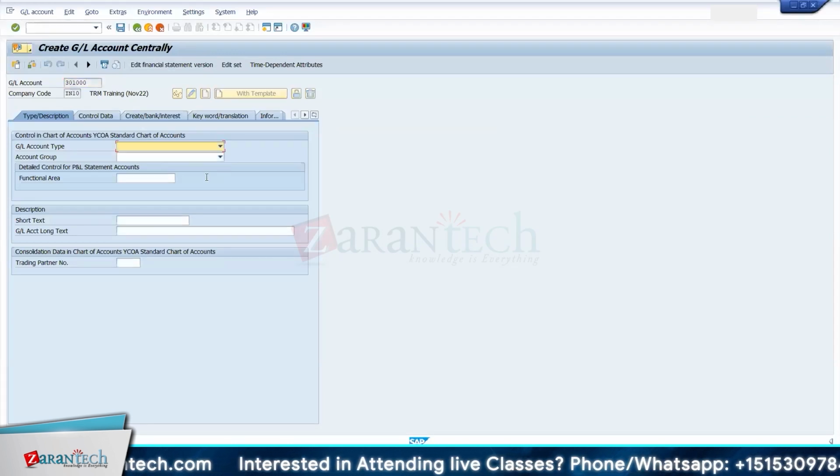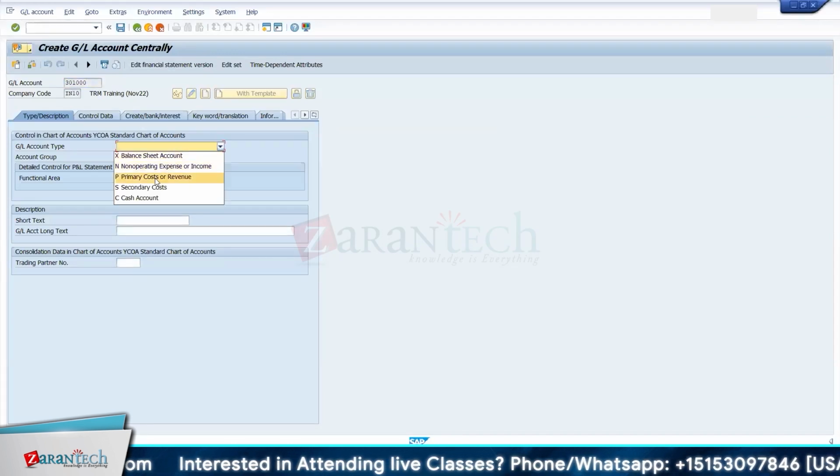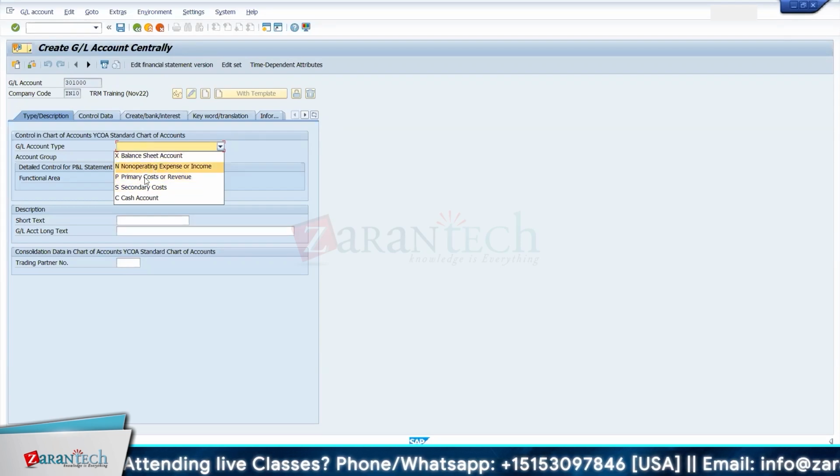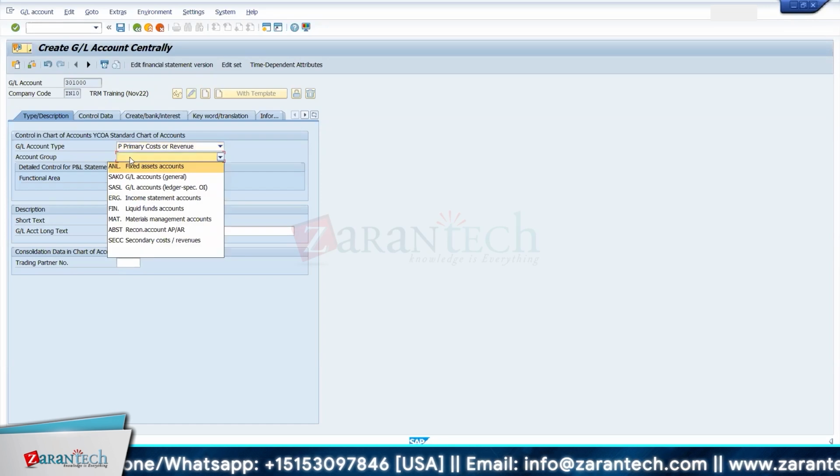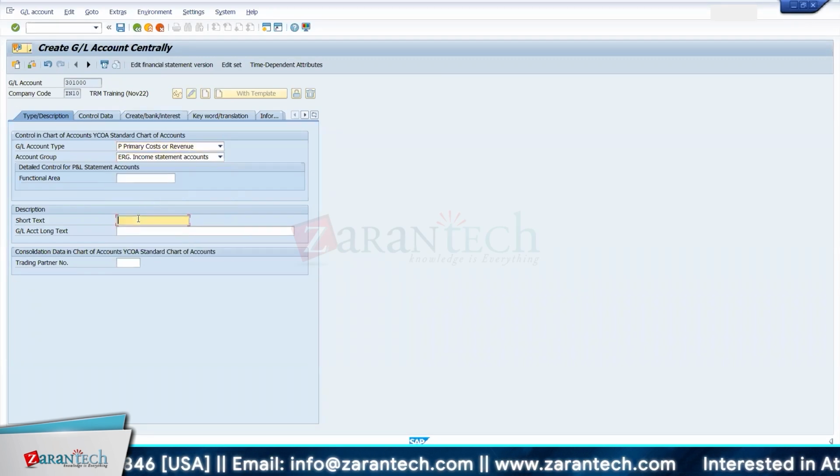So once again, I need to go to create. So this is primary cost. Here we have primary, then non-operating, secondary cost, and balance sheet. So this is the primary cost. And for account group, we have income statement account, and here interest on FD.